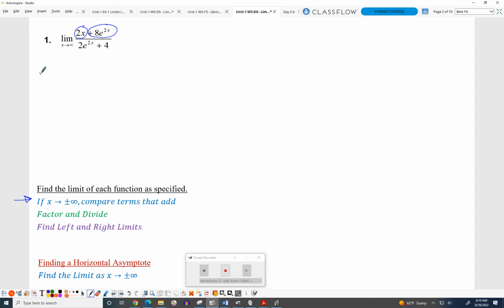So we're going to say equal here. Limit x approaching infinity, 8e to the 2x. Making a similar comparison on the bottom, we're going to get 2e to the 2x. Questions?